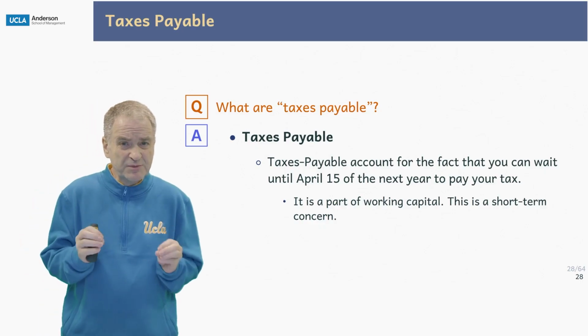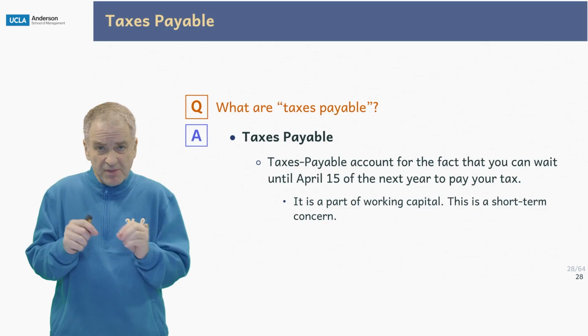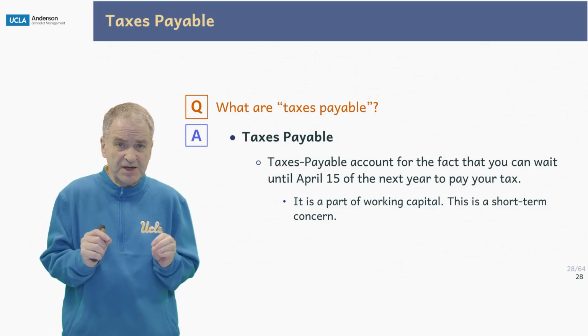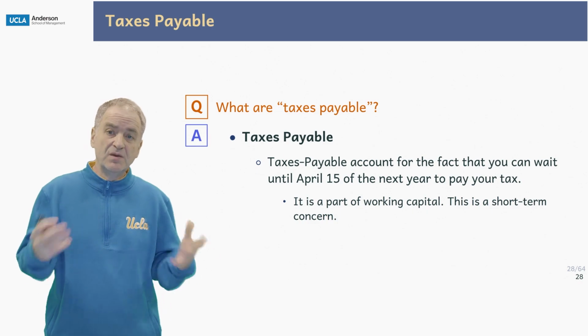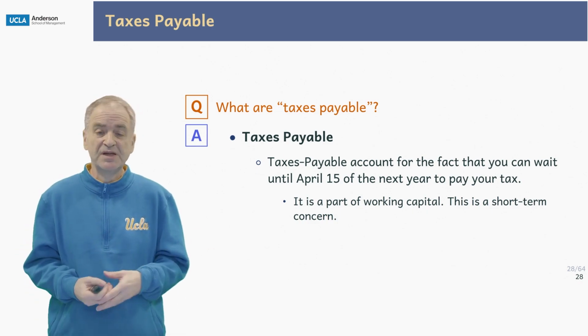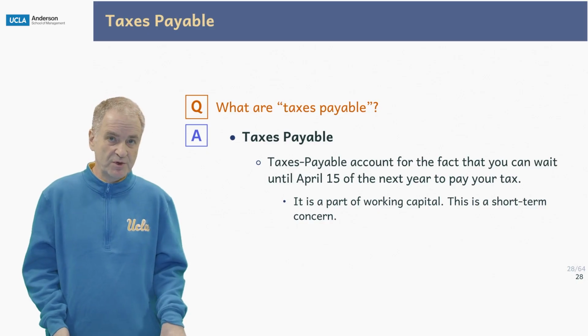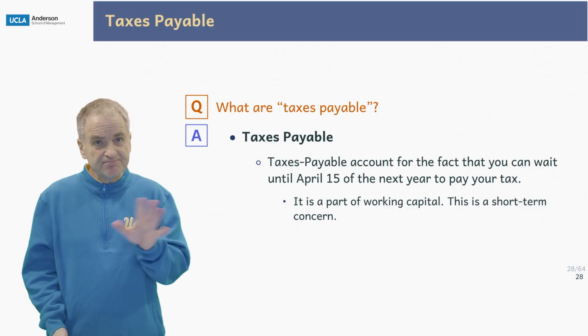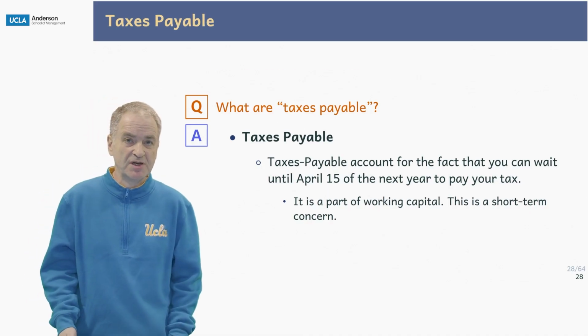And what that represents is just the fact that you don't immediately every month or every year pay your income taxes. You can wait until April 15th of the next year in order to pay your taxes. Well, April 15th is tax day for individuals, and there is an equivalent for corporations. So that's the same, but that's actually not the big item that we have to be concerned about here.